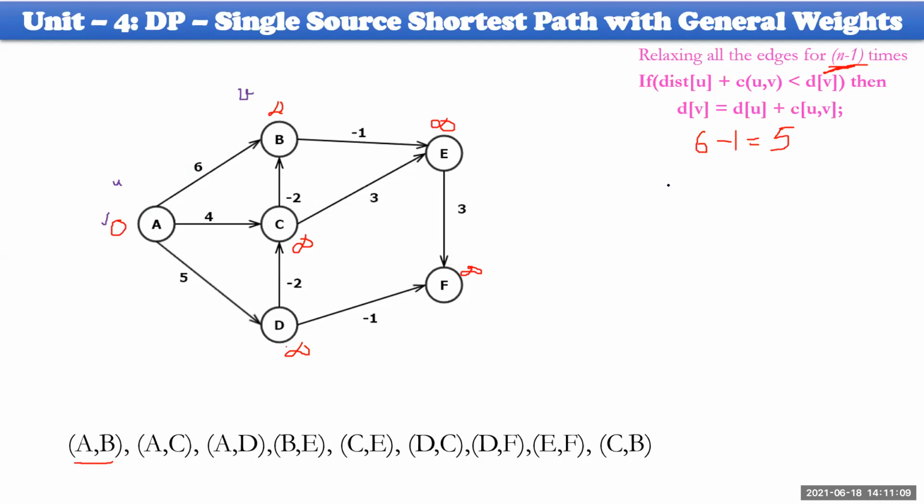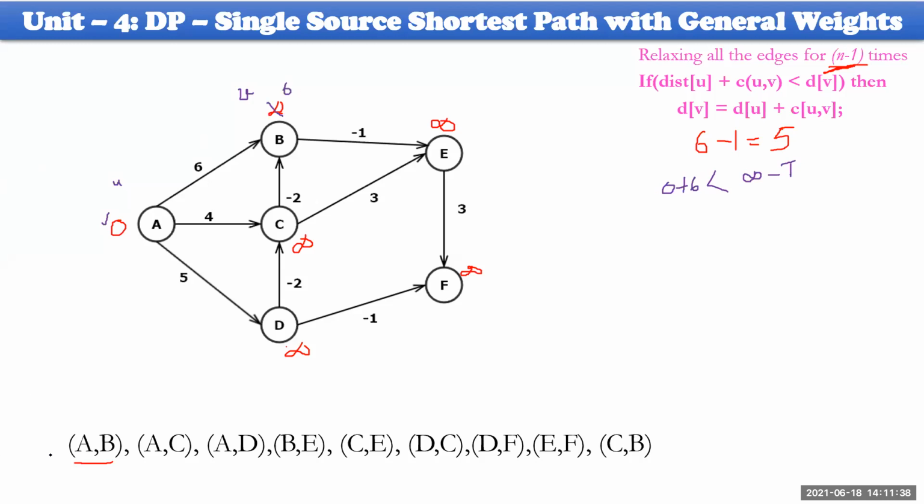That is 6. So 0 plus 6 is less than distance of v. What is the distance of v here? Infinity. Yes, this is true. Because it is true, we modify distance of v equal to distance of u plus cost of u comma v. Distance of v is infinity, so we rewrite it as 6.